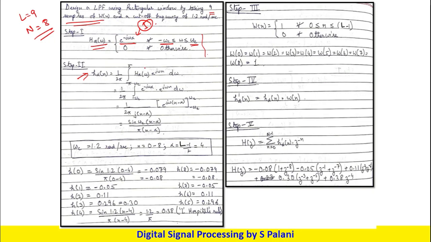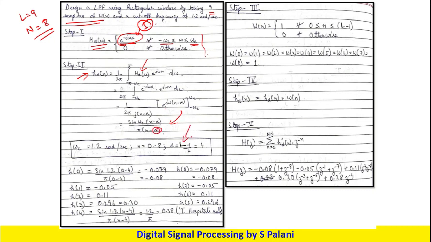Here it was Hd(omega) into e to the power j omega n. So Hd(omega) we have discussed that we will put as e to the power minus j omega alpha. If you simplify this, you get e to the power j omega (n minus alpha), and then if you further simplify it, you get sine of omega c (n minus alpha) divided by pi (n minus alpha).